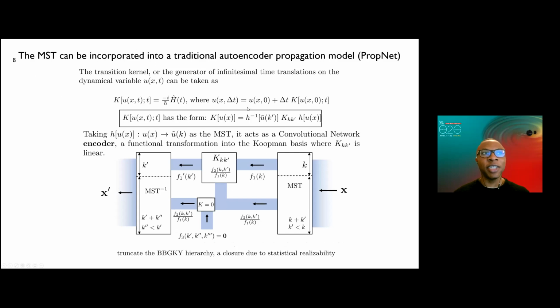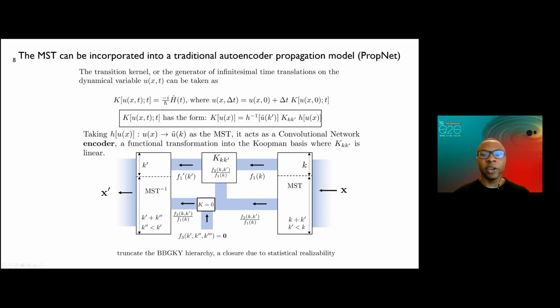If we take h as MST, as this latent space operator, what it first does is translate the dynamical variable into the latent space by applying h of u, its functional operation, and applies the k sub kk prime propagator to this latent space. Then it's broadcasted back into the full space by this h inverse operator here. And what this gives you is the time differential of the dynamics at some instant in time. So we can use this to propagate by plugging this back into this function here and solve for how u changes as a function of time.